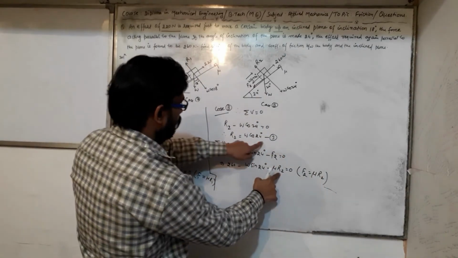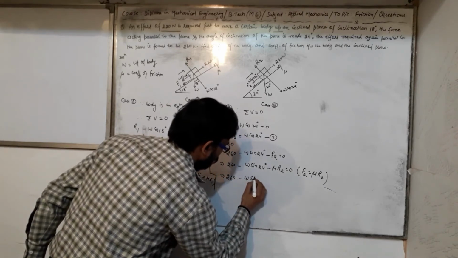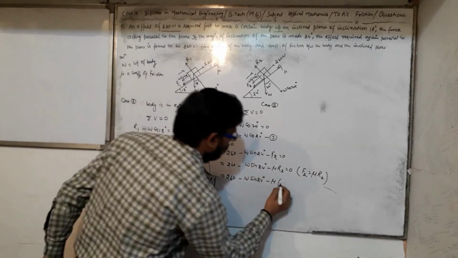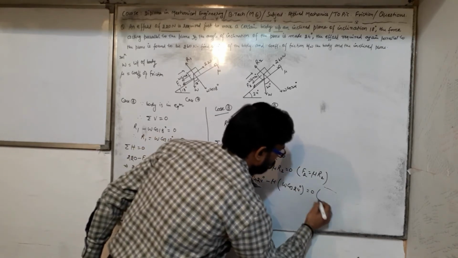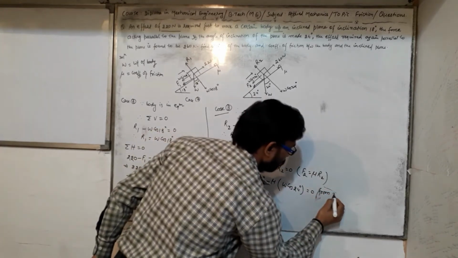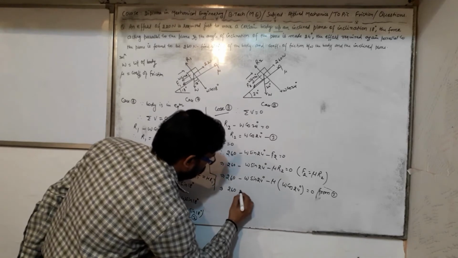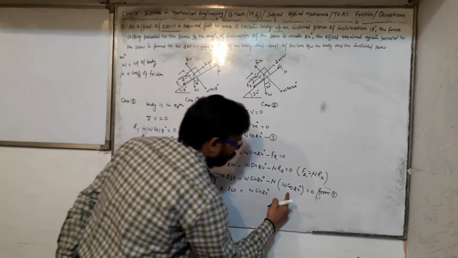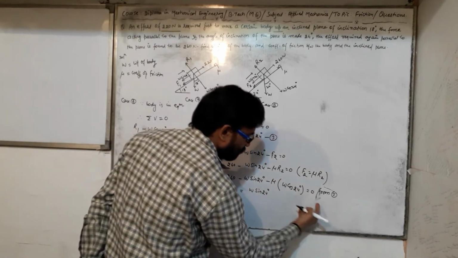Put the value of R2 from equation 3: 260 minus W sin 24 degree minus mu times W cos 24 degree equals 0. On simplifying, 260 equals W sin 24 degree, and this mu times W cos 24 is also negative. Transposing to the right hand side, it becomes plus.